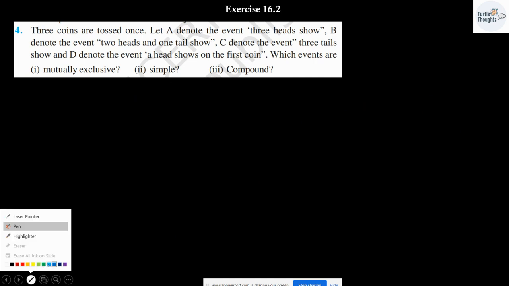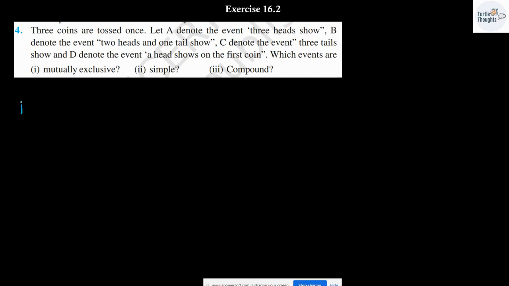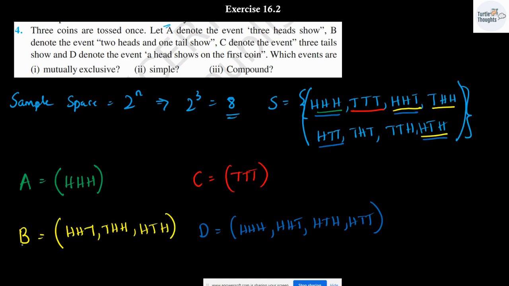Now let me start solving the question one by one. Which events are mutually exclusive events? Two events are said to be mutually exclusive if there are no common elements between the two sets or two events. In A and B, do they have any common elements?